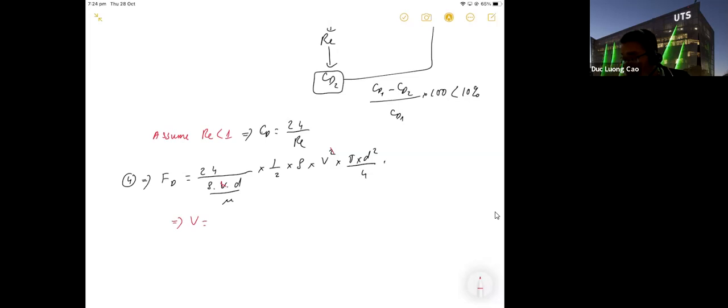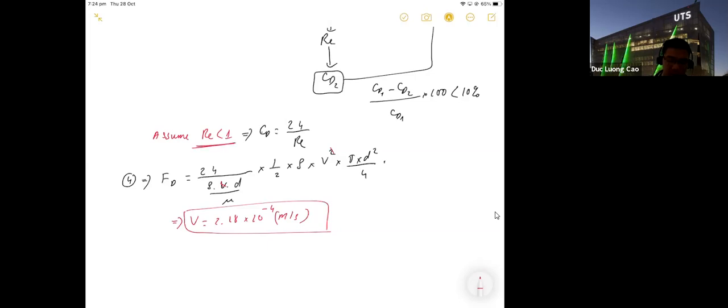With this, you can find the velocity, which is around 2.18 times 10 minus 4 meters per second. Very slow. But this velocity is valid only when the Reynolds number is smaller than 1.